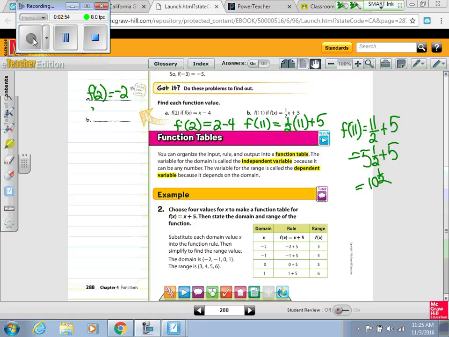So once again, if we were to graph the point 11 on this line, x is equal to 11, the y-coordinate will be 10.5 where that point falls on the line.